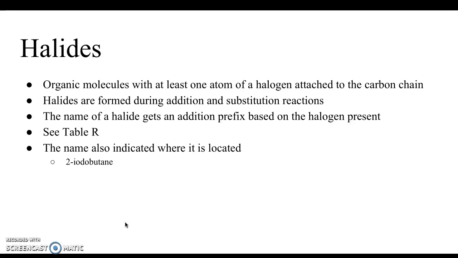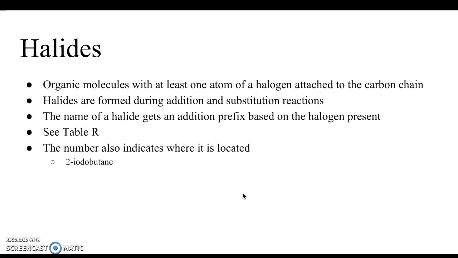You can see table R and you'll be given an example of this and what this looks like. But for example, there's also a number that's going to be indicating its location. So for example, 2-iodobutane, this would be a butane chain with an iodine atom on carbon number 2.